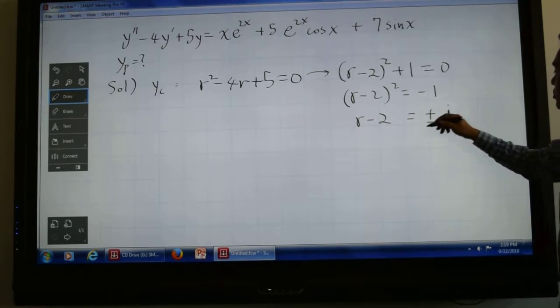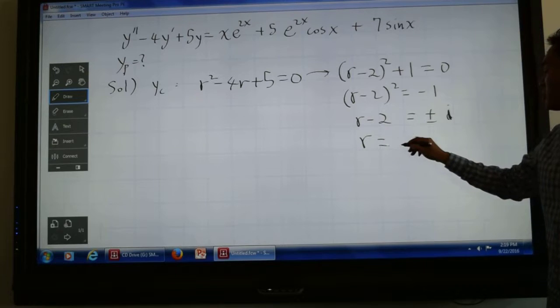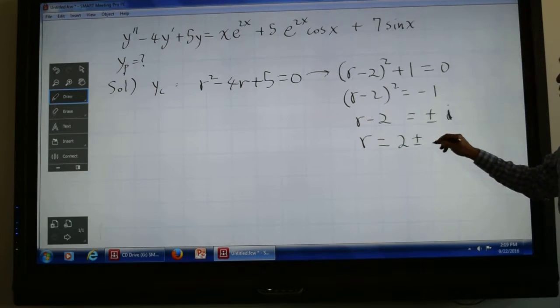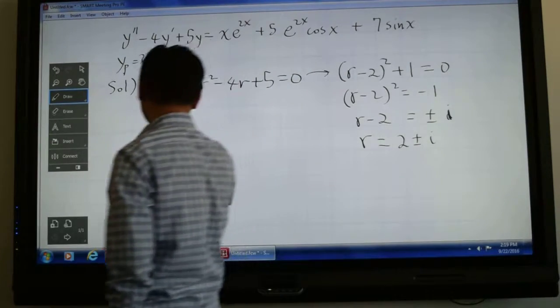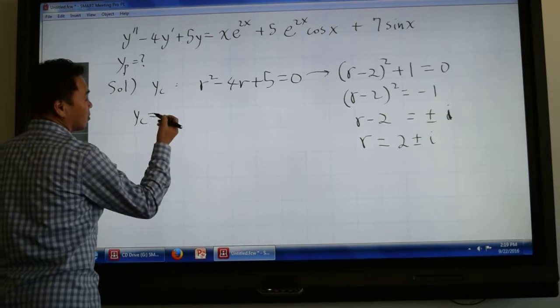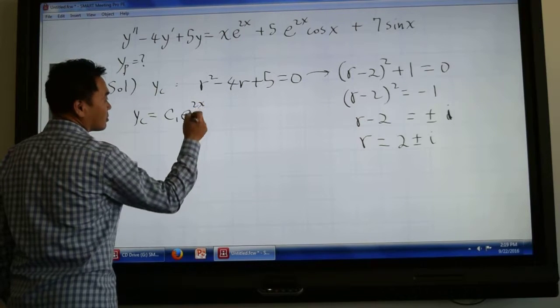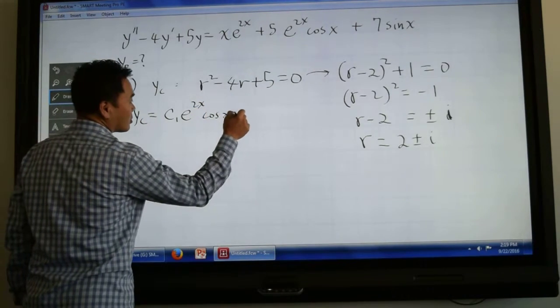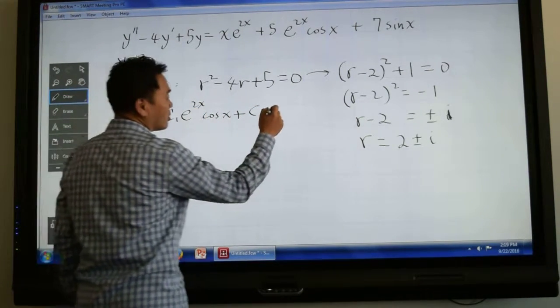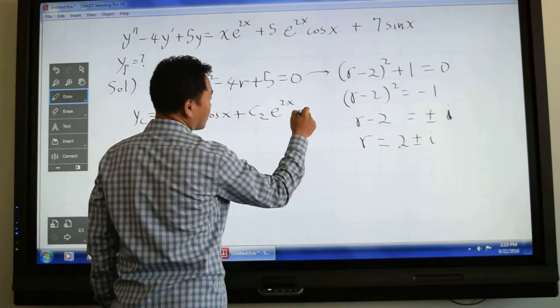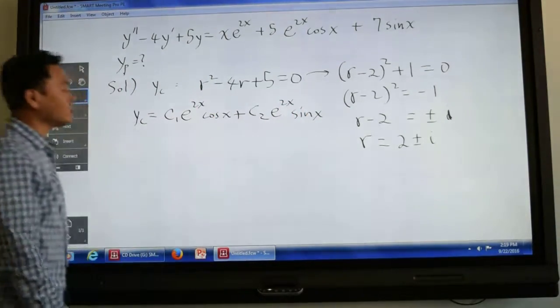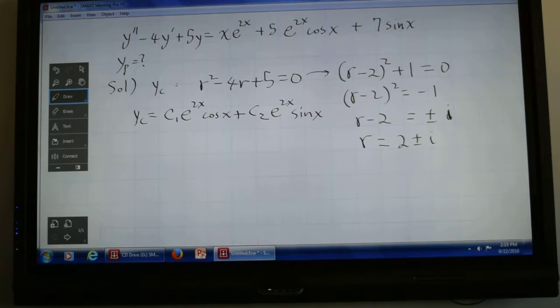And then if you move the negative 2 to the other side, you get r equals 2 plus or minus i. What does that mean for yc? yc is c1 e to the 2x cosine x plus c2 e to the 2x sine x. So you have these two forms as your yc.